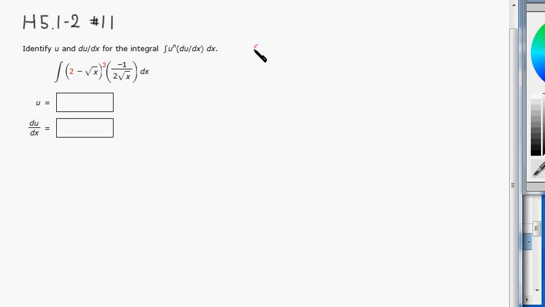You have an integral of g of x raised to the nth power times g prime of x. If you integrate that, it's basically the power rule.